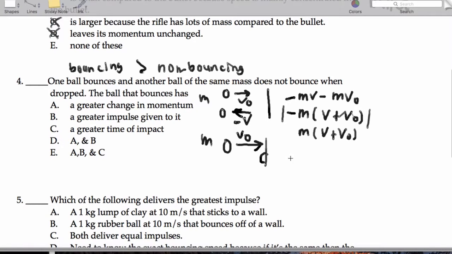So it sticks here, so our change in momentum there is 0 minus mv0, which is negative mv0. So the size of that momentum change is just plain old mv0. So clearly, the ball that bounces has a greater change in momentum, which means it has a greater impulse, which means both A and B are true.